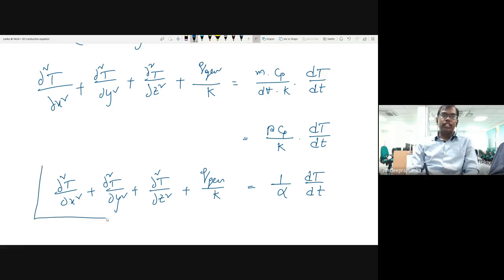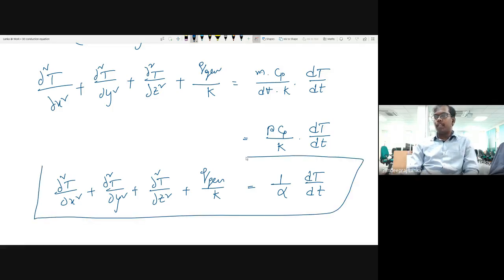This is your final equation. This is your 3D conduction equation, which represents physical heat transfer by conduction. Whatever the physical problem is, it is represented by this equation.